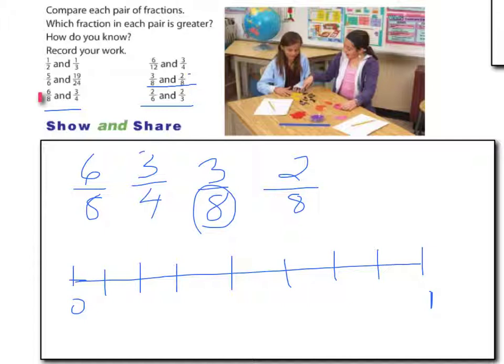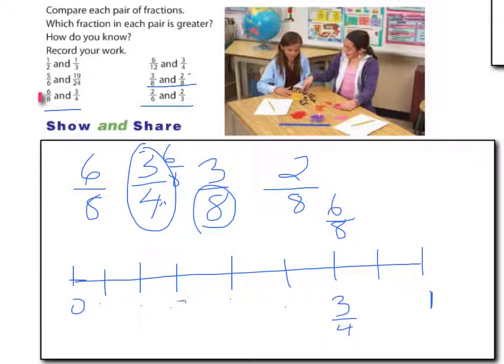Okay, so if that's the case now, 3/4, I'm really making it out of 8ths, so I'm going to really multiply by 2 for each side, so it's actually going to be 6/8. Oh, look at that, it's the same thing. So I'm going to count 1, 2, 3, 4, 5, 6/8, which I see now is also 3/4.